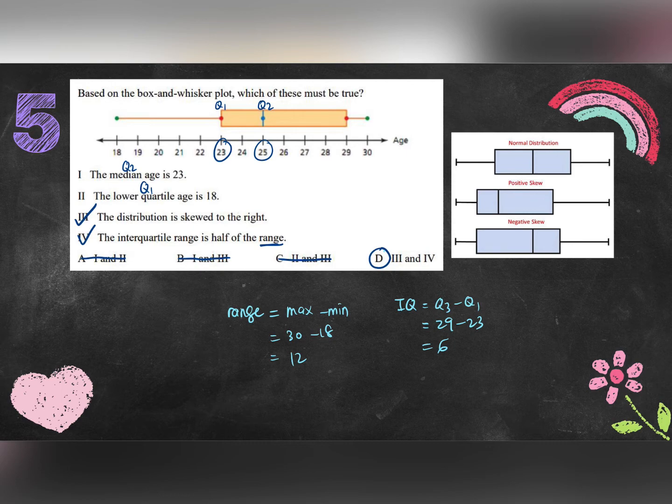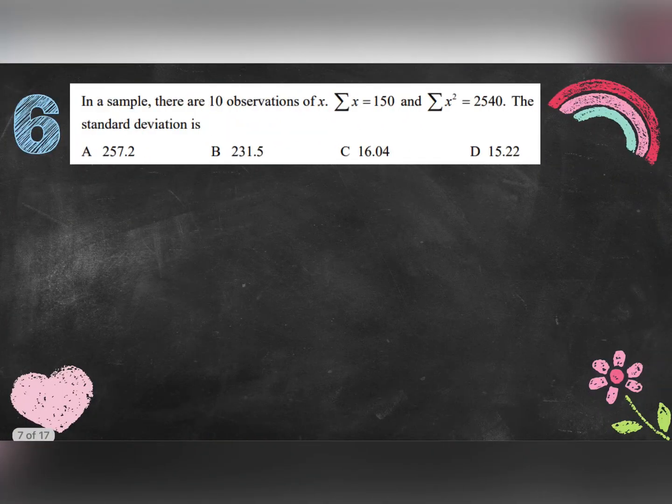Okay, next we go to question number 6. In a sample, there are 10 observations. Automatic we know that this will be our N. Summation of X is 150, summation X square is 2540. Dia minta standard deviation. What will be the formula of standard deviation?